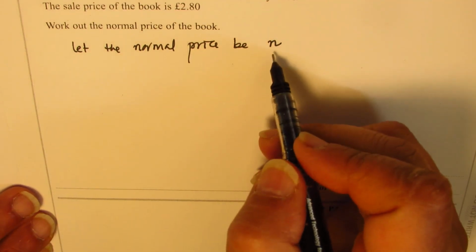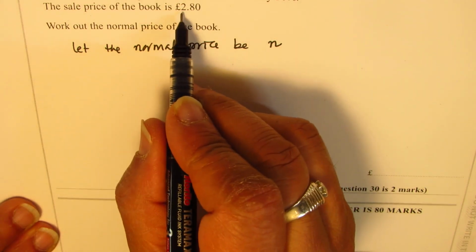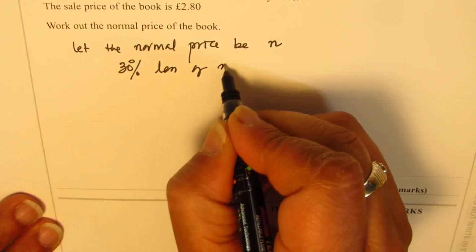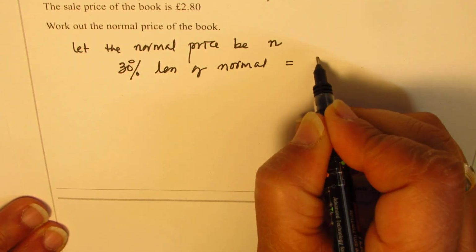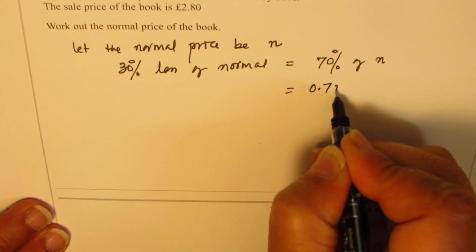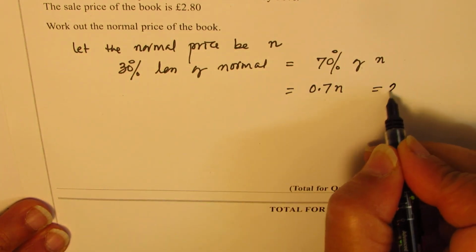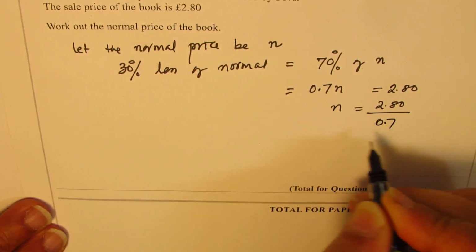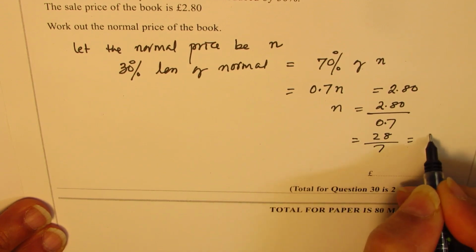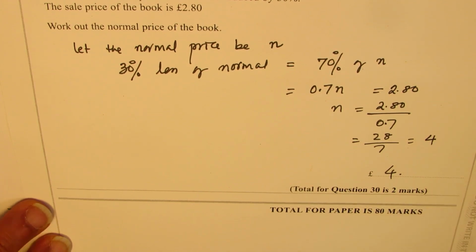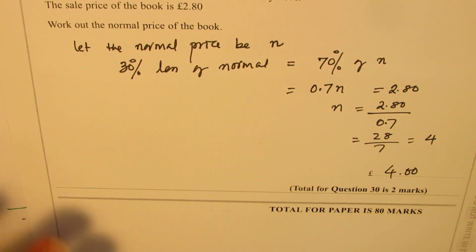So in that case, 30% less of normal equals to 70% of normal, which means 0.7n, and this is given to us as 2.80, correct? So n is 2.80 divided by 0.7, which is 28 divided by 7, which is 4, right? So we get 4 pounds as our answer, correct? We could write this as 4.00 as our answer. So that is how we are going to answer this question.